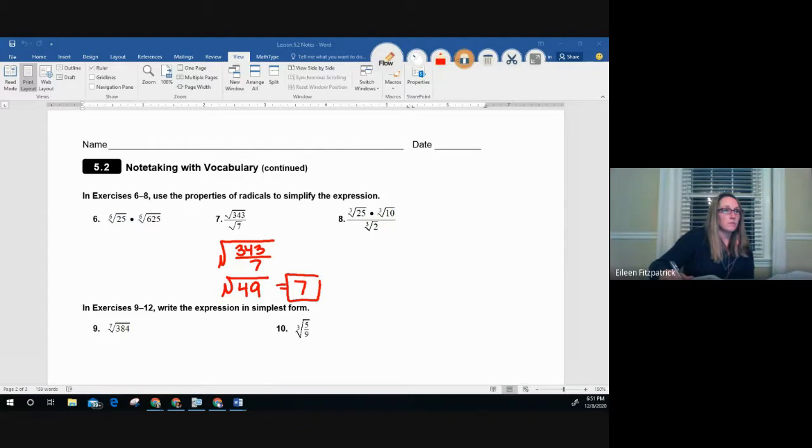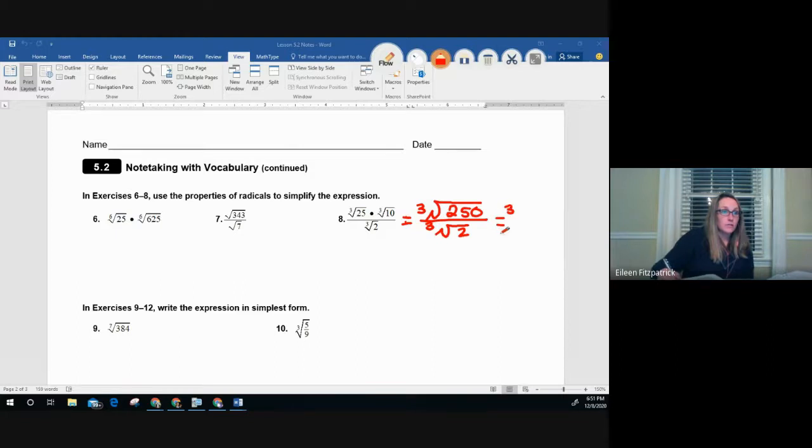For number 8, you have the cube root of 25 times the cube root of 10 all over the cube root of 2. In the numerator, since they're both cube roots, I can rewrite that as the cube root of 25 times 10 to get 250 over the cube root of 2. Because they're both cube roots, I can rewrite it as the cube root of 250 divided by 2.